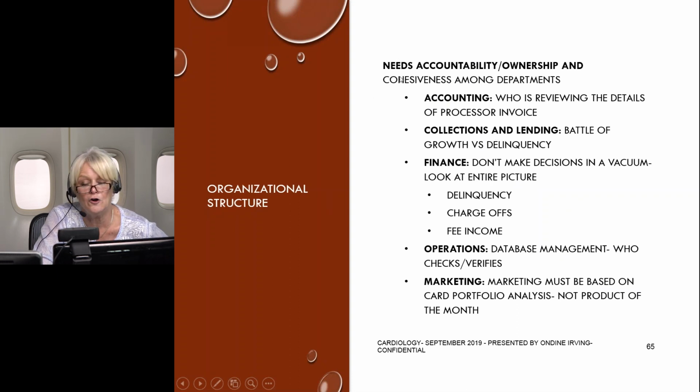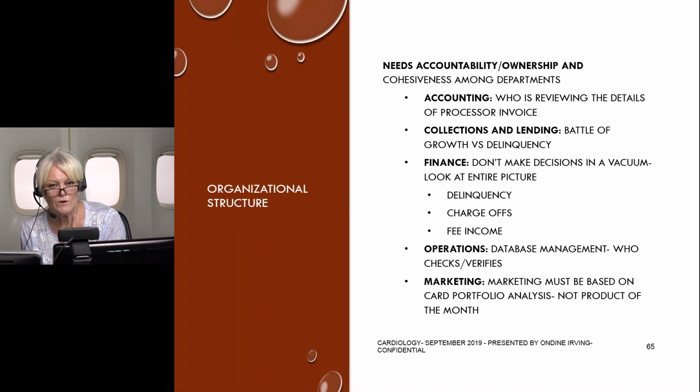I hope you realize by now that every credit union really needs to have somebody managing their card program. If you're not big enough, then you can combine credit and debit. And then you are going to cross over in several departments: accounting, collections, finance, operations, marketing. Everybody has a piece in the pie, but when you've got one product owner or one product area, be it operations or VP of lending or finance, the buck stops there.